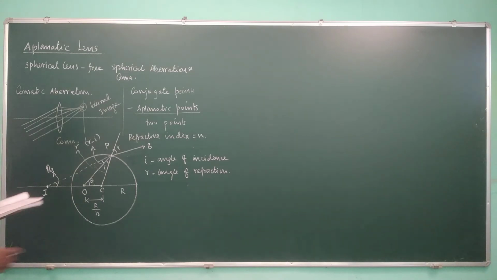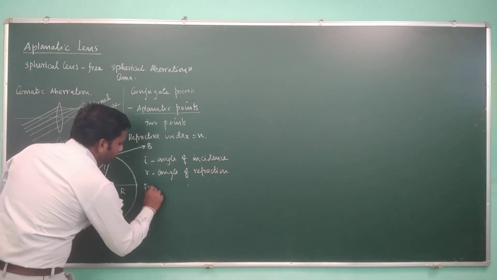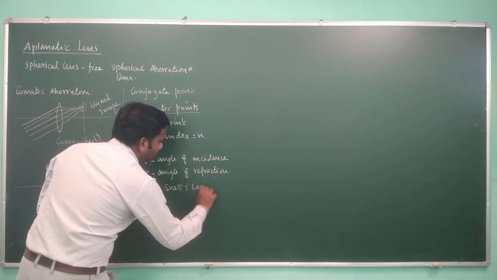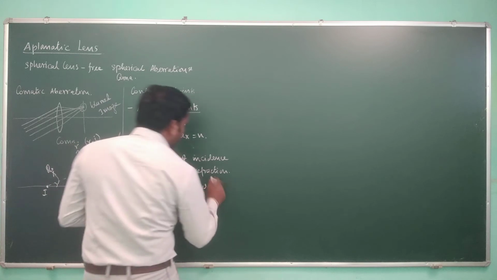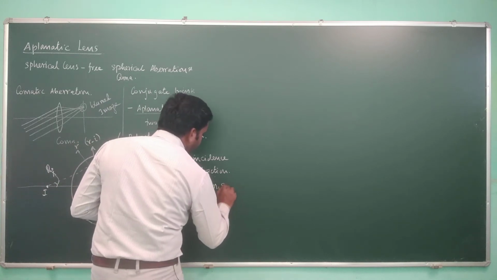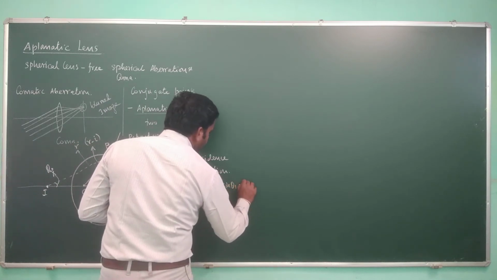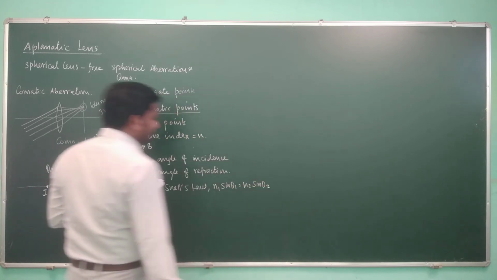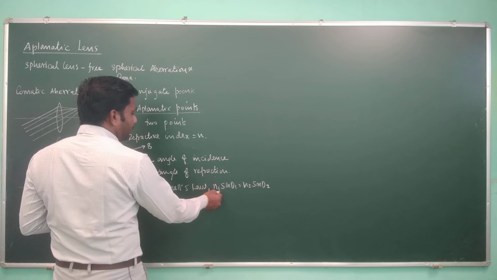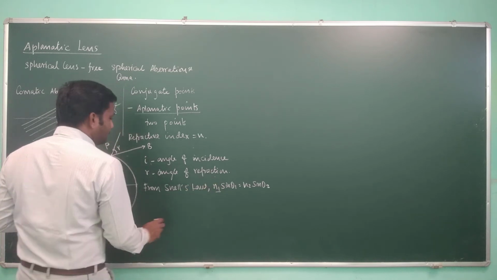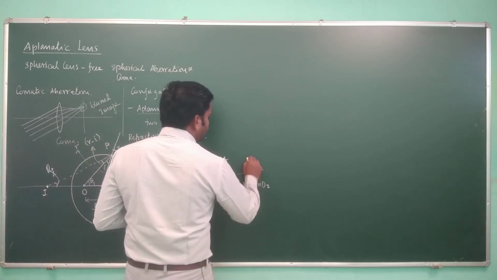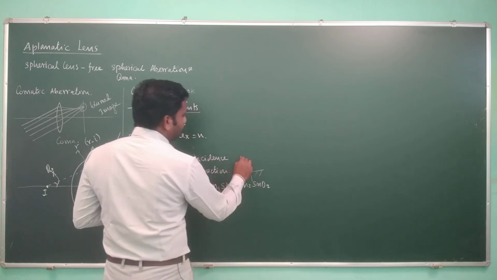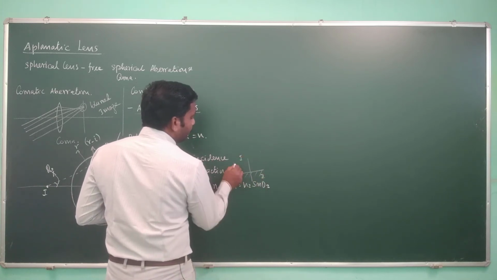Now, according to Snell's law, you can write n1 sin theta 1 equal to n2 sin theta 2. Snell's law is applicable where a light ray travels from medium 1 to medium 2.